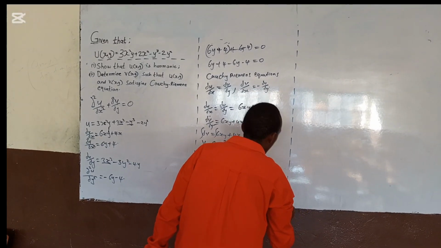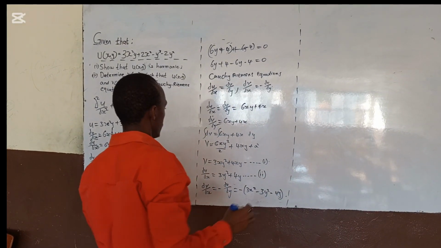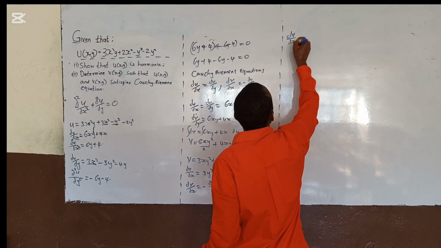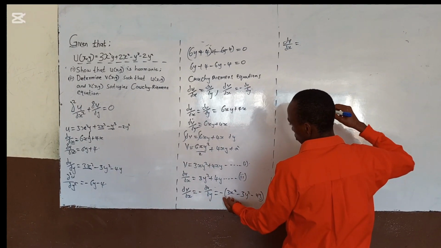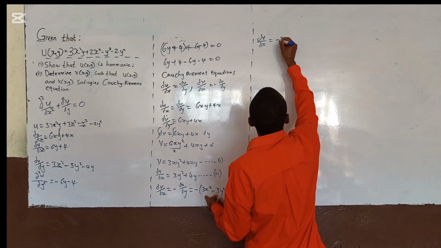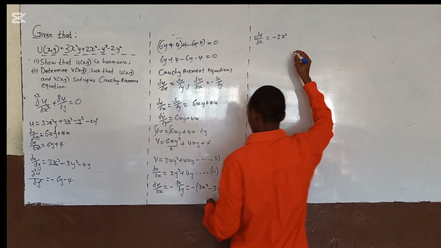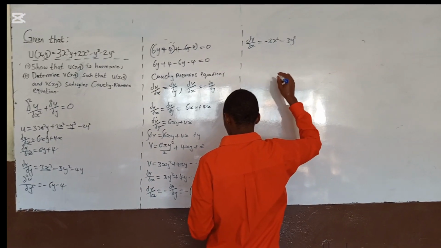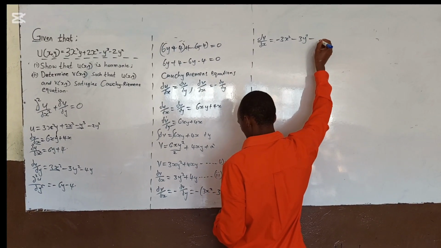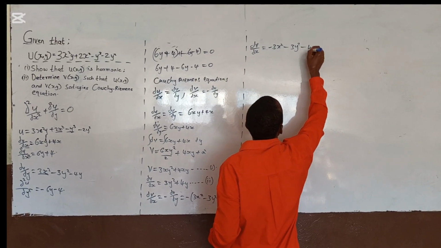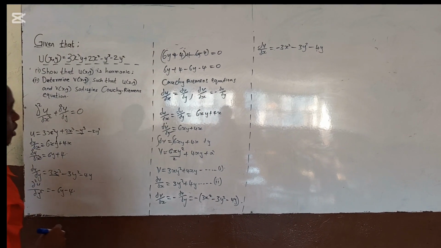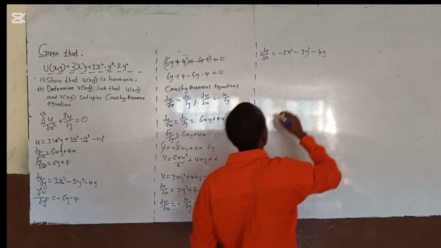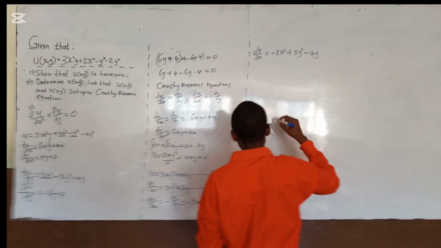Now, if we open the bracket, we have minus 3x squared plus 3y squared plus 4y. The negative 3 becomes positive, and the negative 4 becomes positive.